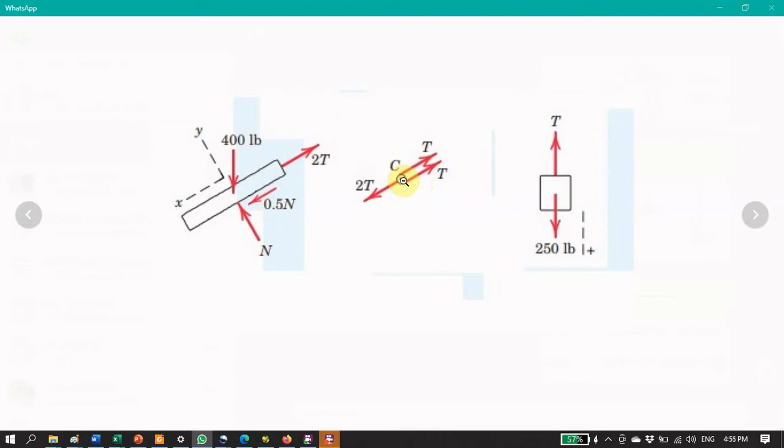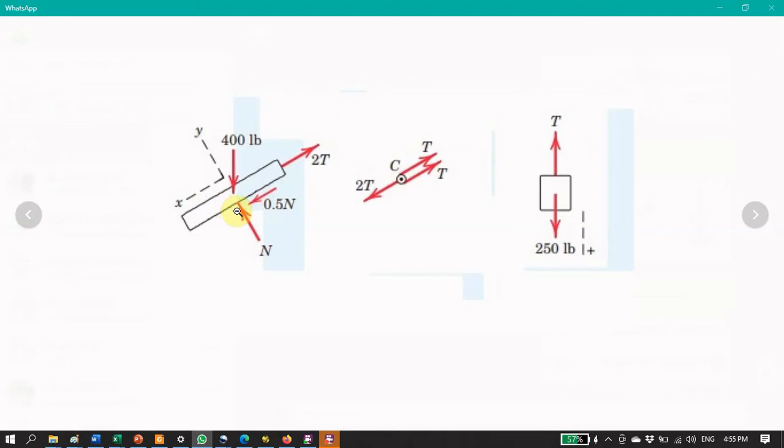So from here we can see that they are in the same direction. And then we have the log, right?